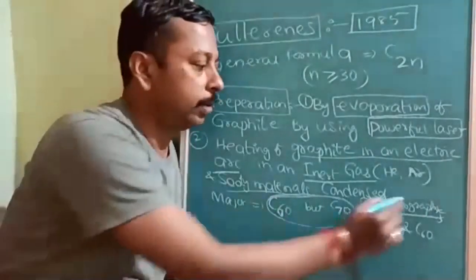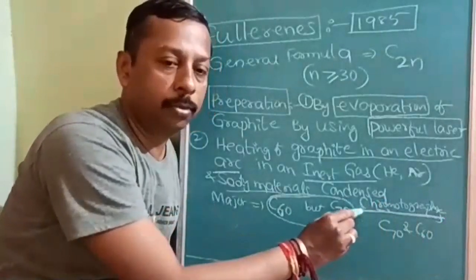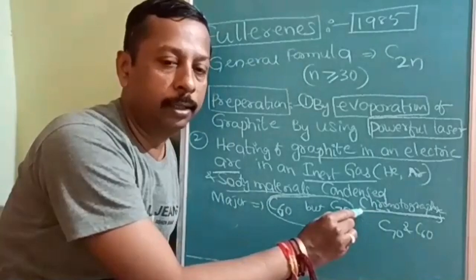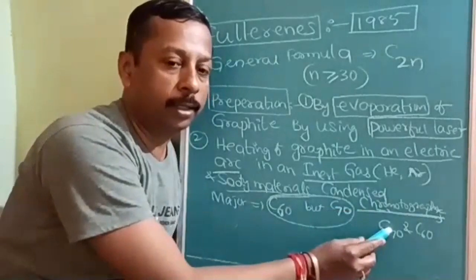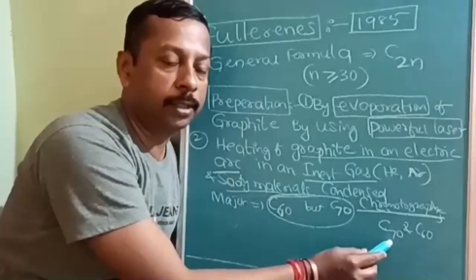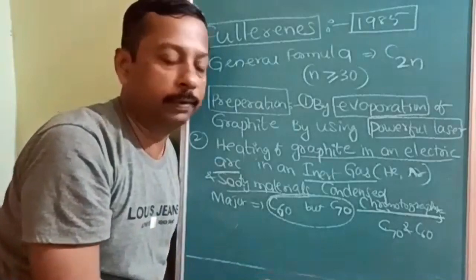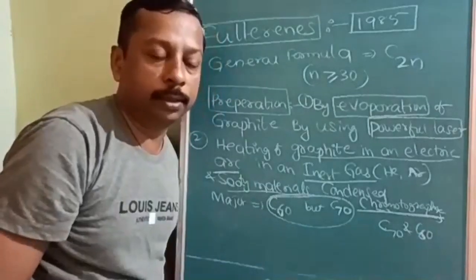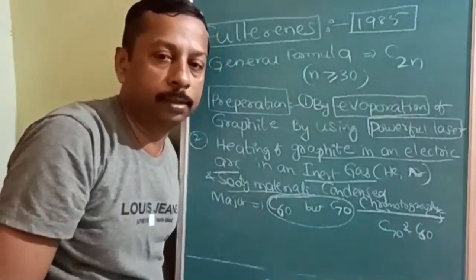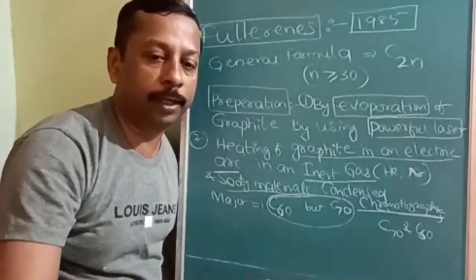They are separated by chromatography, because C60 and C70 have different molecular masses and different adsorption capacity. Therefore, they can be separated comfortably.